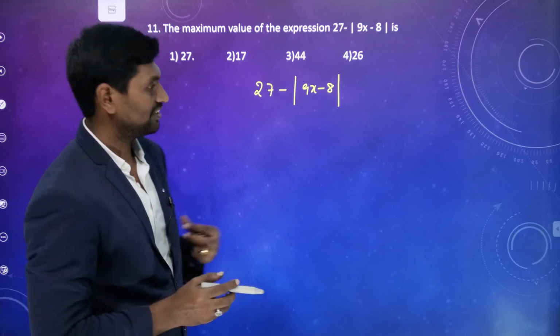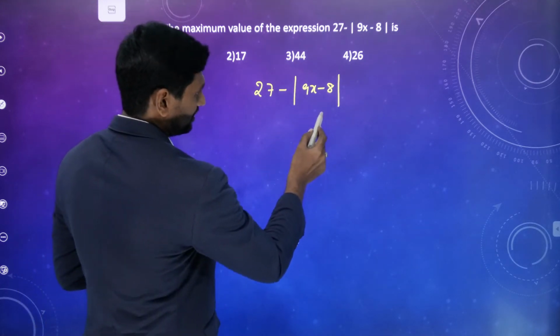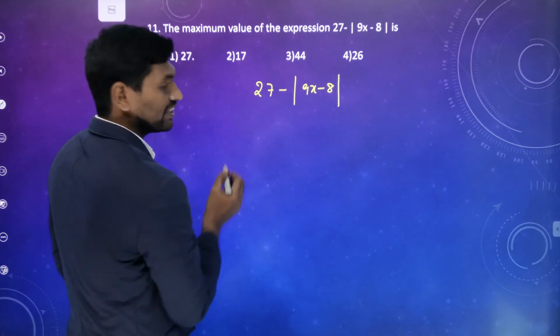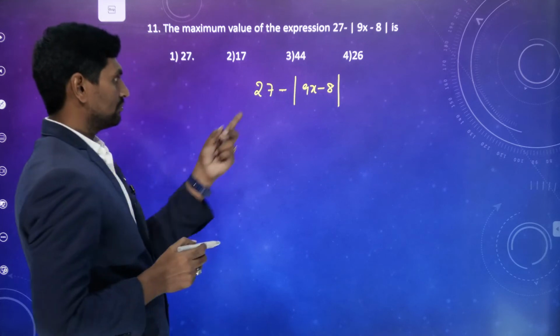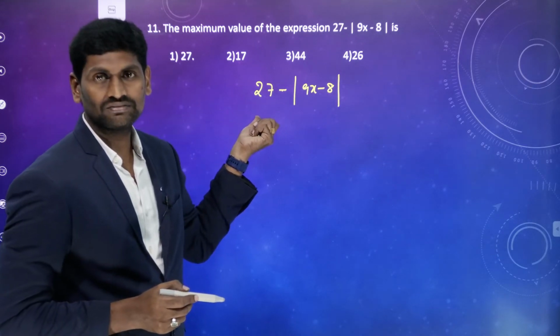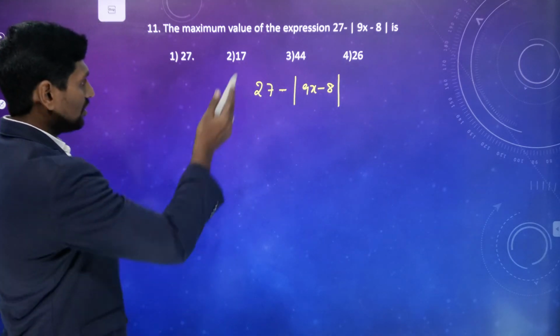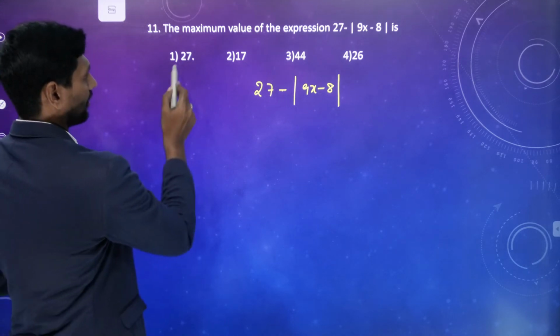That means if you increase this value, the answer will decrease, because that value should be subtracted from 27. Okay. Now let us check through the options.